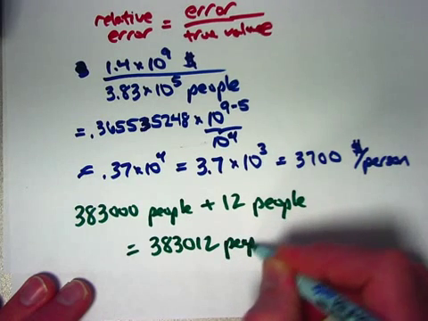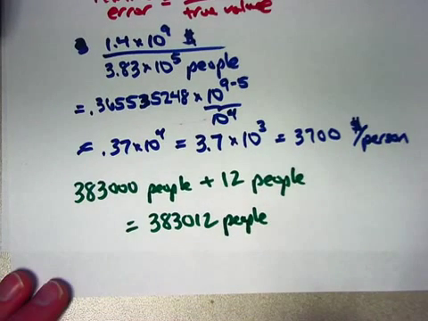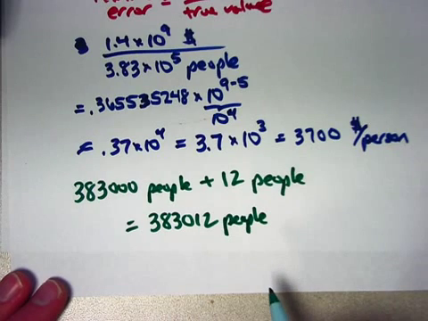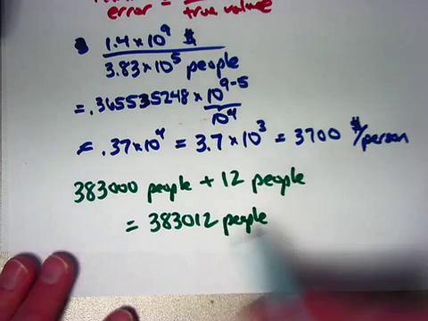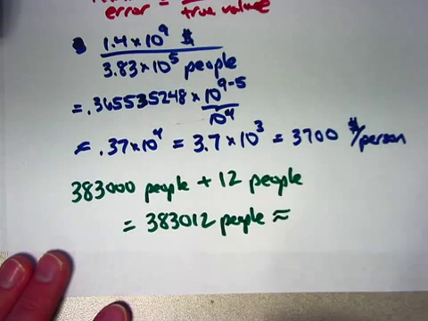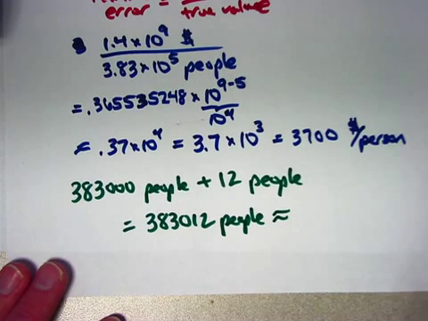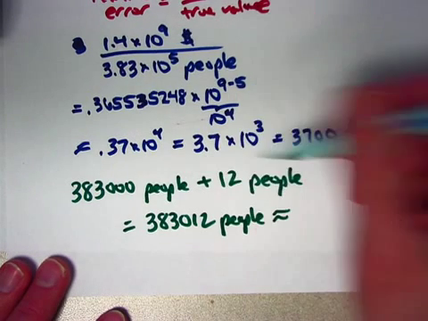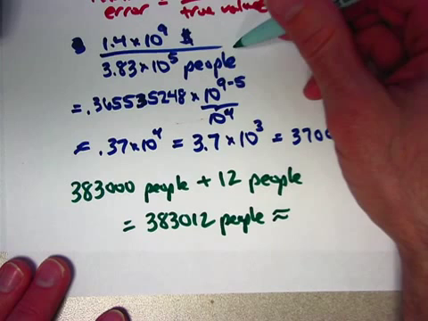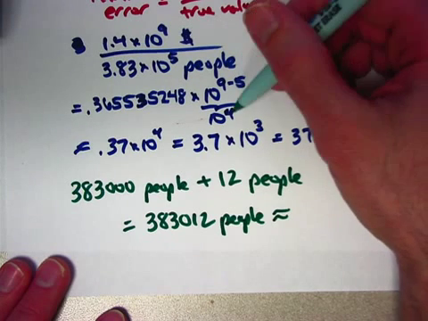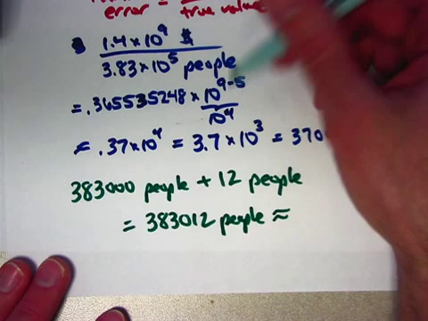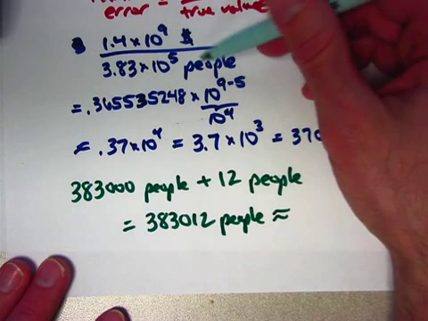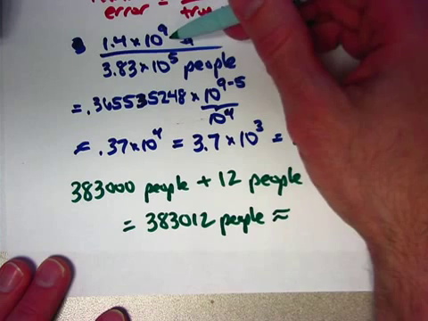But as far as what you should report, what you should round, when you're adding or subtracting numbers that are measured, you should round your answer to the same precision as the least precise of these numbers. With multiplying and dividing, you want to round your answer to the same number of significant digits as the measurement with the fewest significant digits, which in this case was 2.